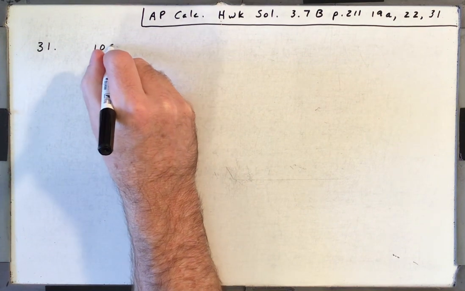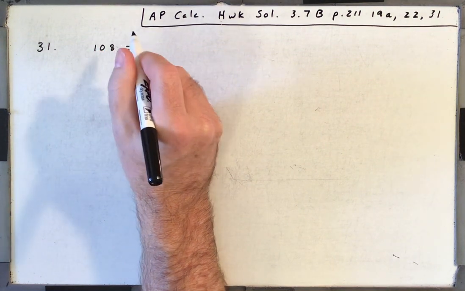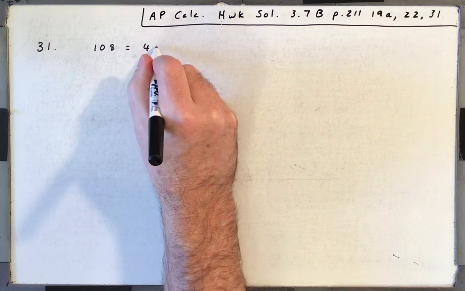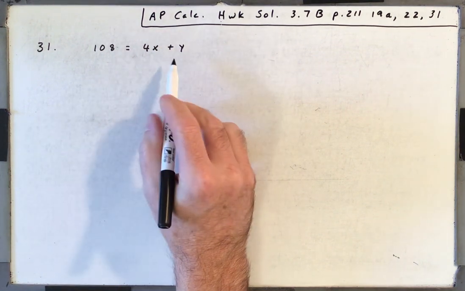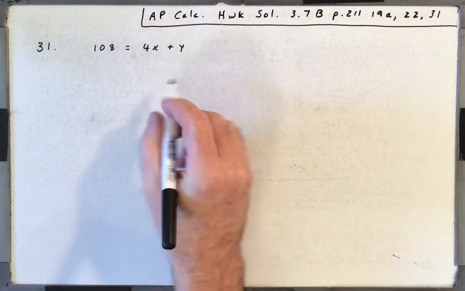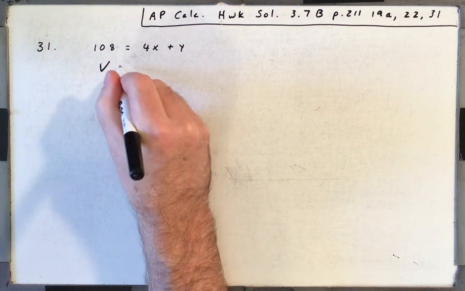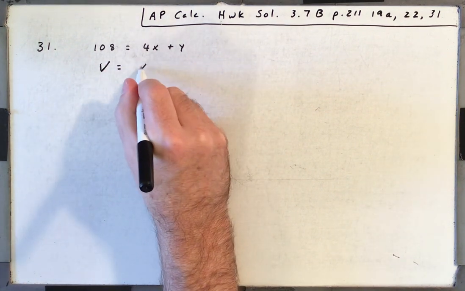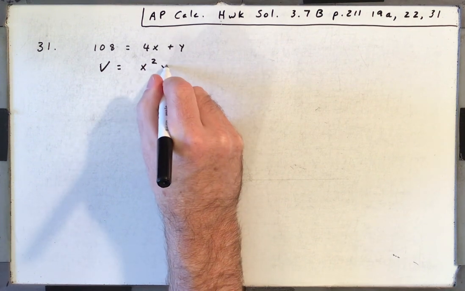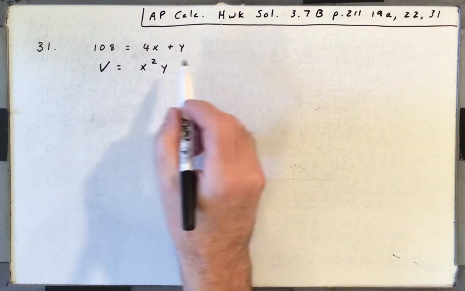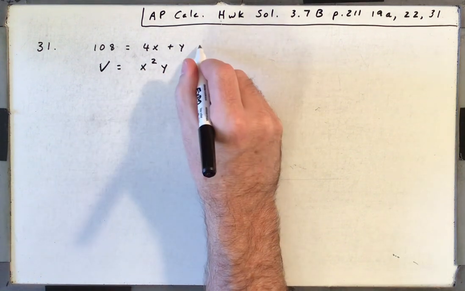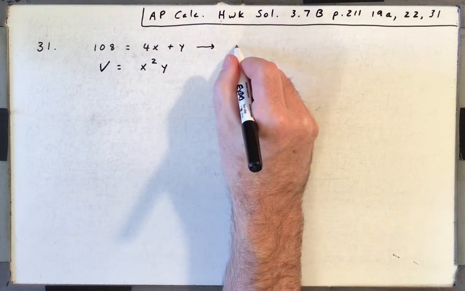Girth is 108, and that is equal to 4x plus y. Combined, not multiply, but plus y. And then our volume equation is x squared times y. And we're trying to maximize volume. So we can pretty easily here solve for y.